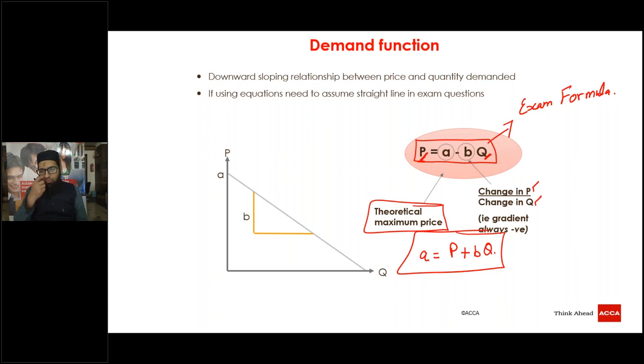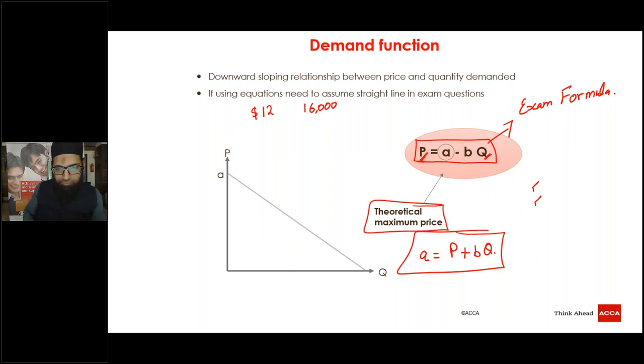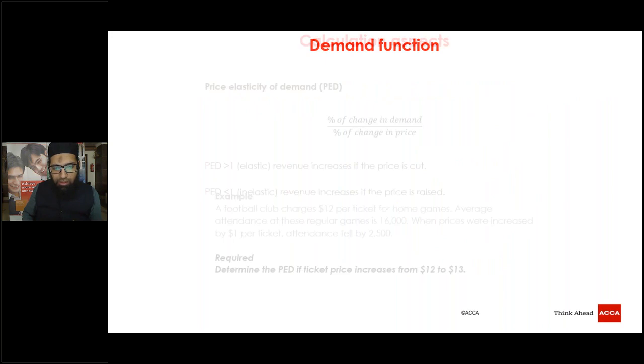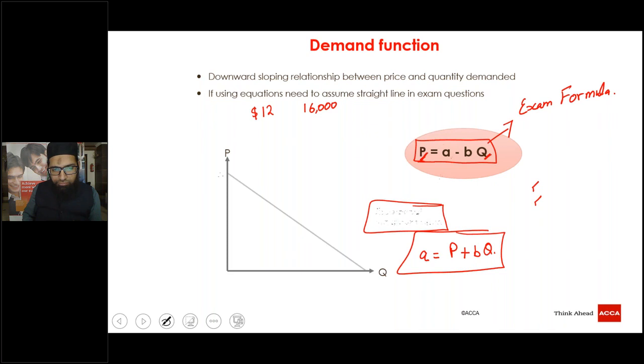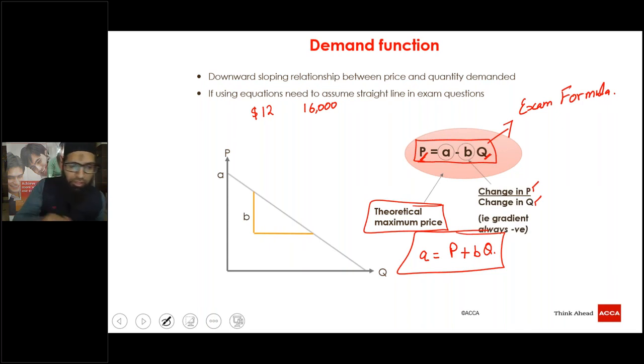If we can prepare the demand function of my previous example, in that example, at $12 price, the demand was 16,000, I guess. Now we have been told that if the price changes by $1, demand will fall by 2,500.